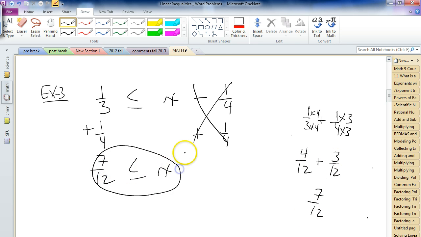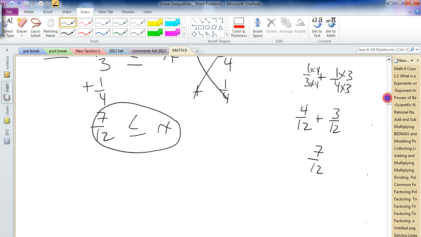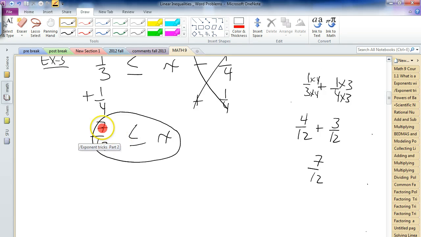Now you're probably thinking, yeah, okay, I remember that, but how do I graph it? What, you've never seen a fraction before? Hopefully you know that 7/12 is greater than 0 but less than 1. Actually, you don't even have to know that for this. We're saying that 7/12 is less than or equal to x, so that means it could be equal to it.